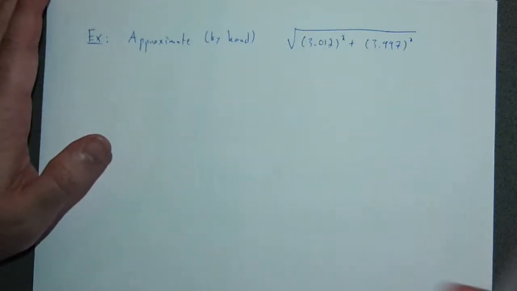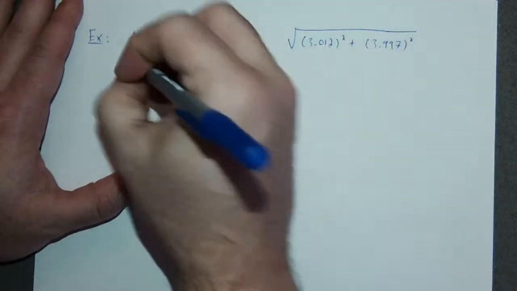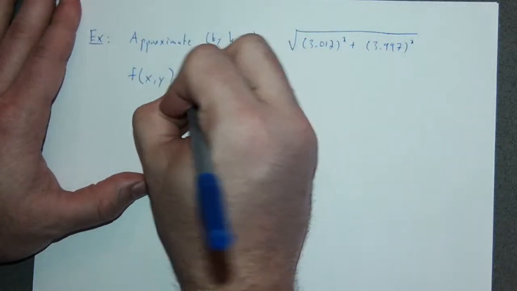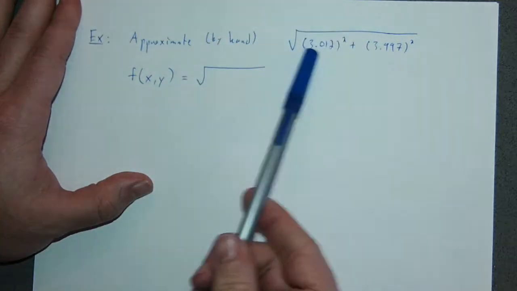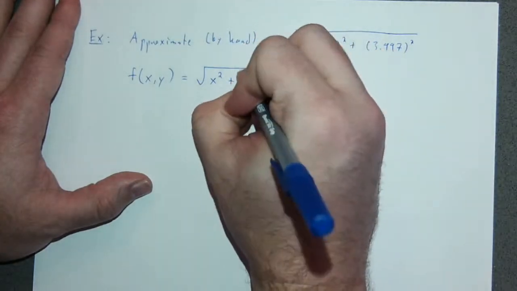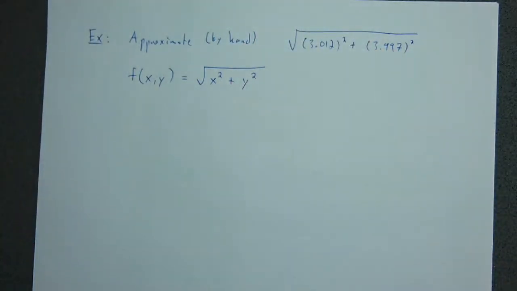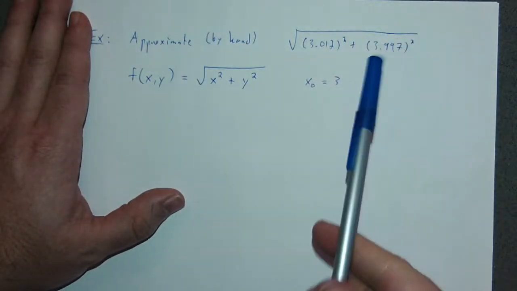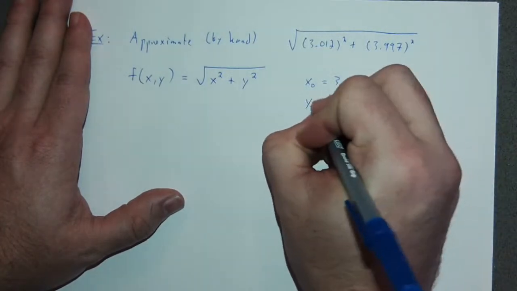And the function in question, of course, is going to be f of x y is square root of some quantity squared plus some other quantity squared. Right? So there's my f. The x naught and y naught, to determine those, I just look and see what these things are close to. So 3.012 is close to 3, and so x naught is 3. 3.997 is close to 4, so y naught is 4.